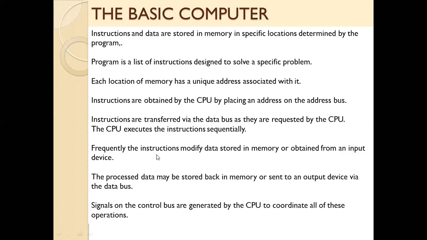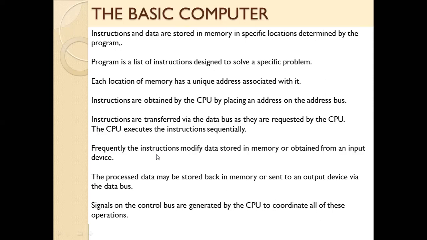So the central processing unit gives the address, and the address will locate where the instruction is, but how the instruction will move from memory to the central processing unit, it will move through the data bus. The address bus will give the address, and through the data bus, the instructions or the data will move from one part to another part. In this example, it will move from memory to the central processing unit.